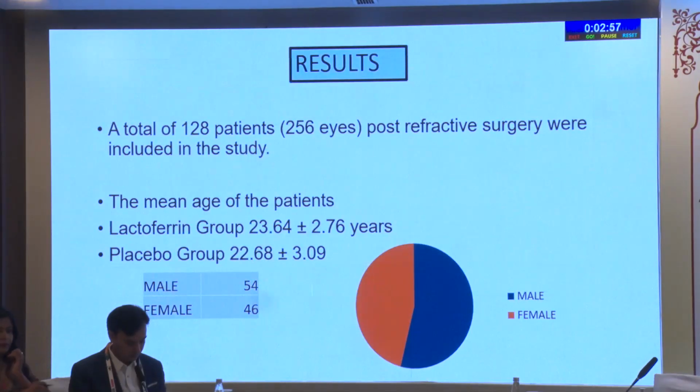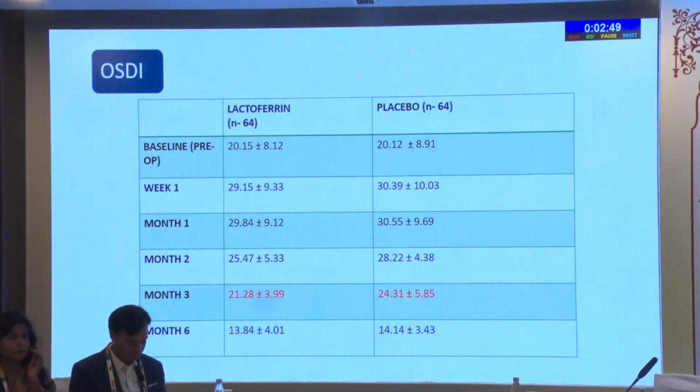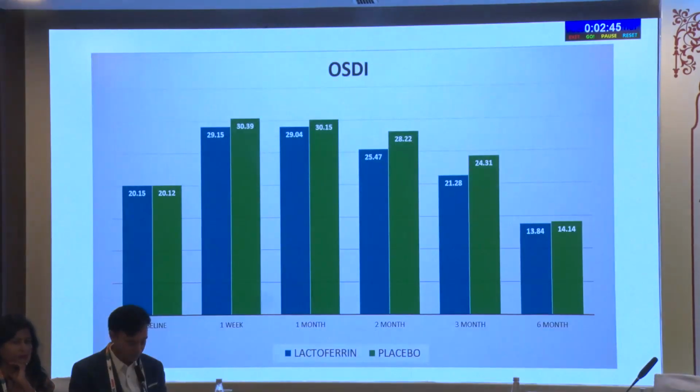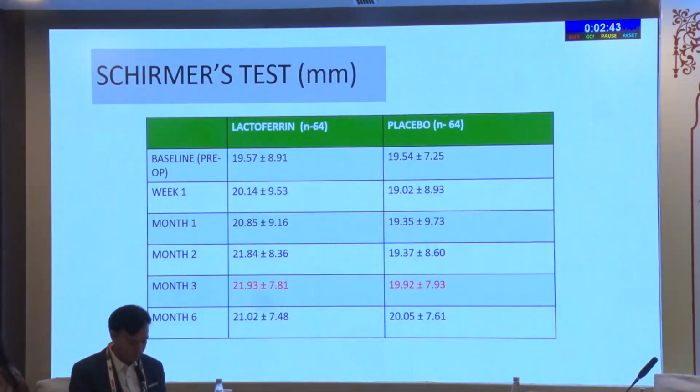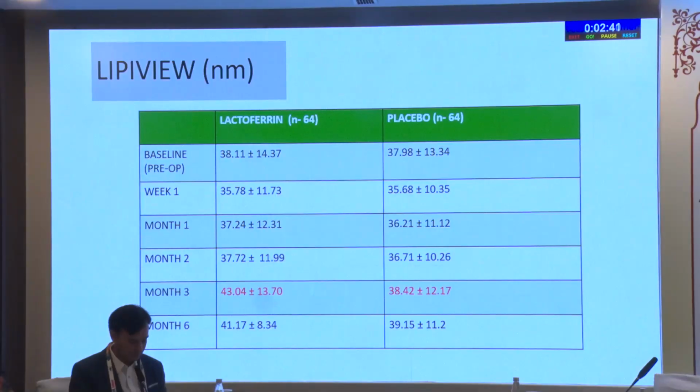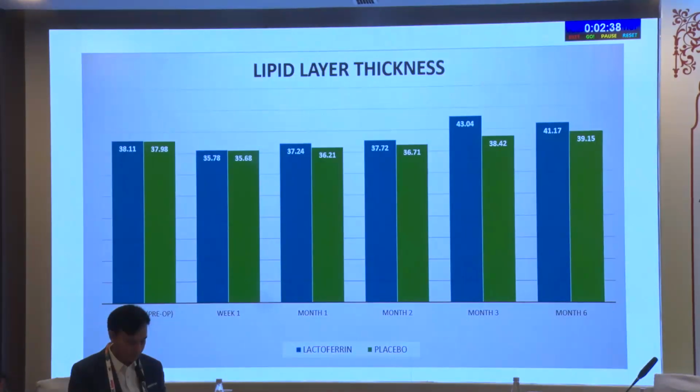Coming to our results, a total of 256 eyes post-refractive surgery were included in our study, and the mean age of the patients was similar in both groups. At 3 months, the lactoferrin group showed significant improvement in OSDI, NIBUT, and Schirmer's test, and LipiView also showed improvement, but not that significant.